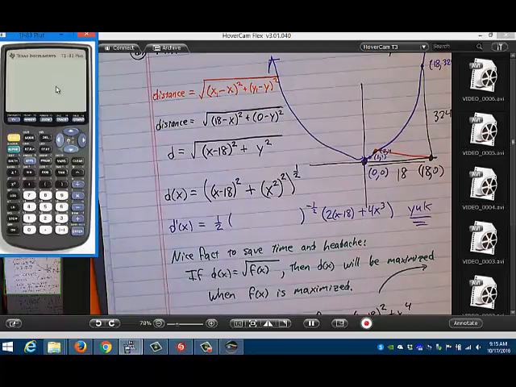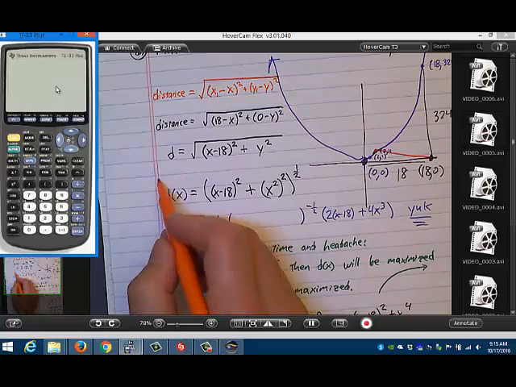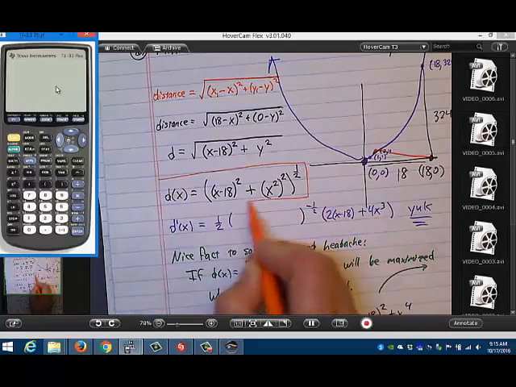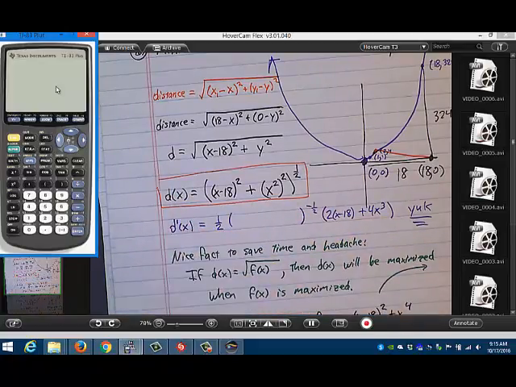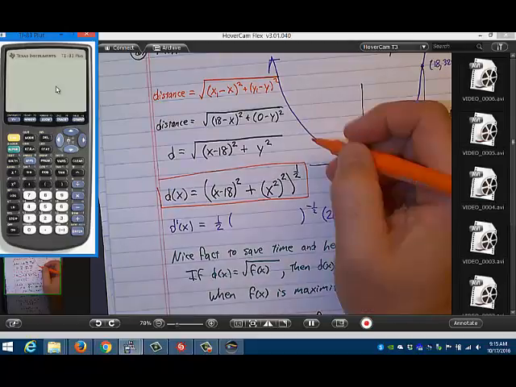Hey, what would be the minimum distance? Can we figure that out? Well, sure. How would we figure it out? We could take this d of x function here and plug in 2. Let's do that.